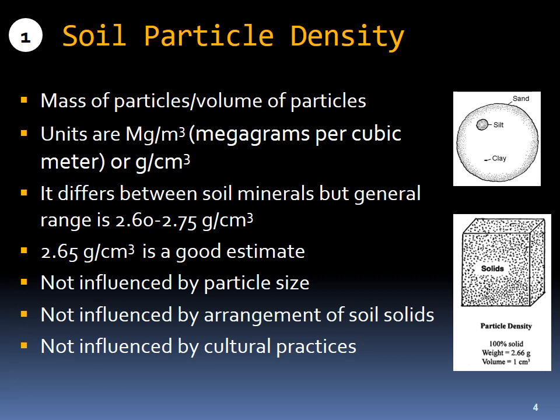That's why the particle density depends on the chemical properties of the mineral, but it is not influenced by the particle size. Regardless of the size, when you put them all together to form that particular volume, it is the same value. And it is also not influenced by the arrangement of the solid particles.